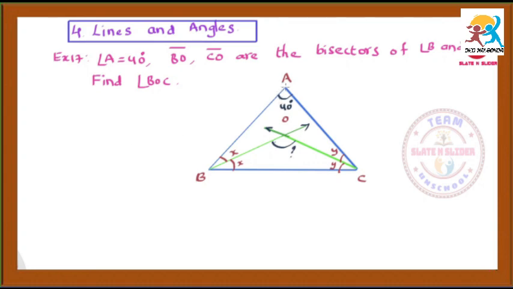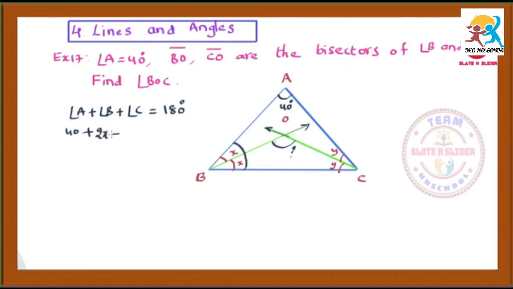For this, we have to write the sum of the three angles of a triangle is 180 degrees. So from this we can write angle A plus angle B plus angle C is equal to 180 degrees, and angle A is 40 degrees plus angle B. Angle B means this one, so this is x plus x, this is 2x.